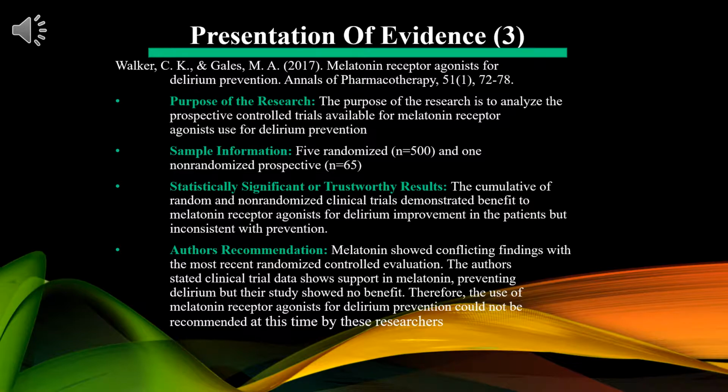The authors stated clinical trial data shows support for melatonin preventing delirium, but their current study showed no benefits. Therefore, the use of melatonin receptor agonists for delirium prevention could not be recommended at this time by these researchers.